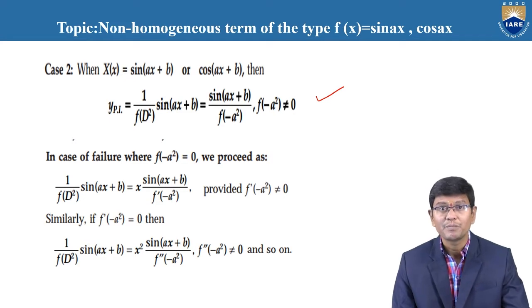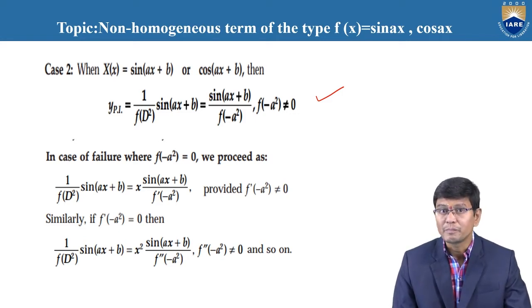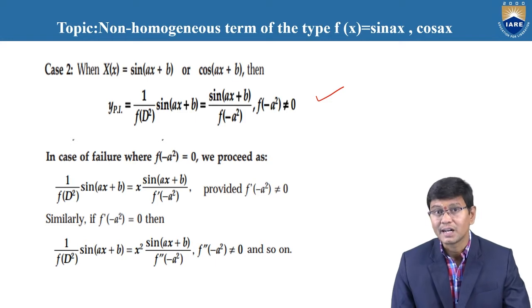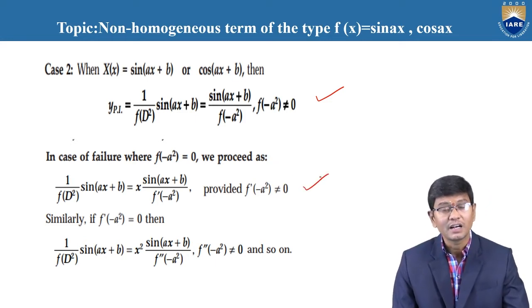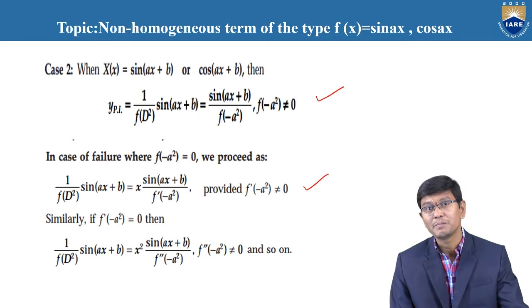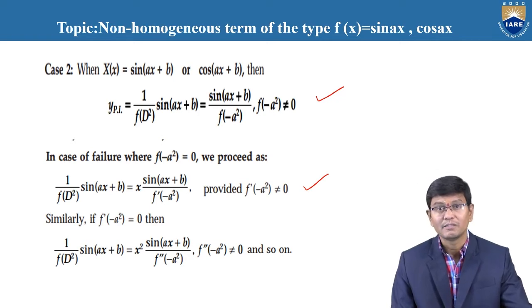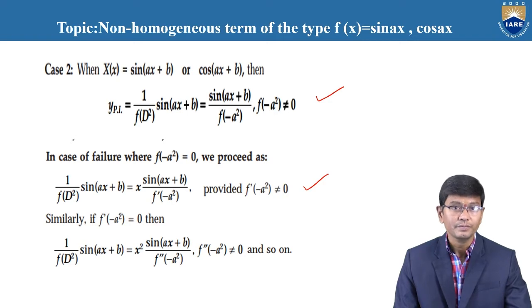That is x into sin of ax plus or minus b by f dash of minus a square, provided f dash of minus a square is not equal to 0. Similarly, if the given function is cos, we apply the same rule, that is x into cos of ax plus or minus b by f dash of minus a square, provided f dash of minus a square is not equal to 0.